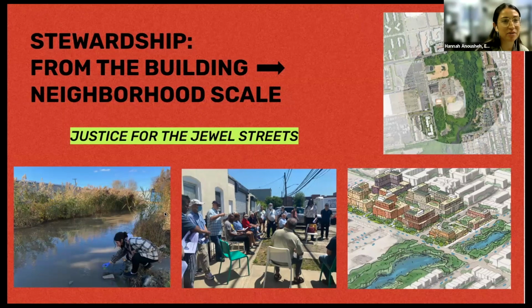So we launched the campaign with residents in the area and fought for the city to address the environmental hazards. And we had a big win in 2024: the city committed to investing 150 million in the area and launching a neighborhood plan.